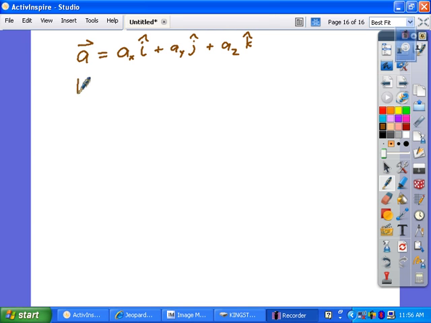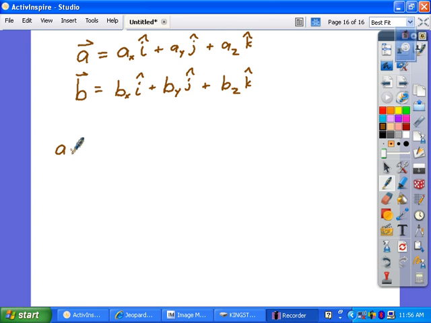And we want to cross that with vector B, which is going to be BX i hat plus BY j hat plus BZ k hat. Now, if we want to cross these two, it's a basic mathematical property that we have to go through, but the best way of doing this is to draw it up as a matrix.